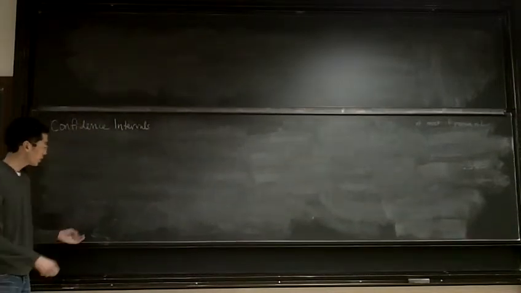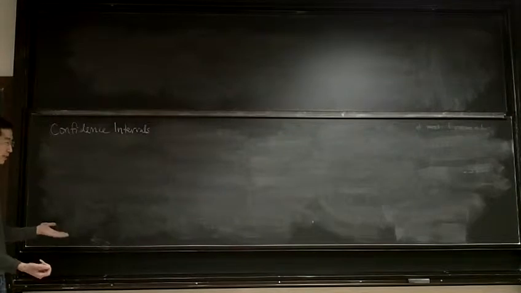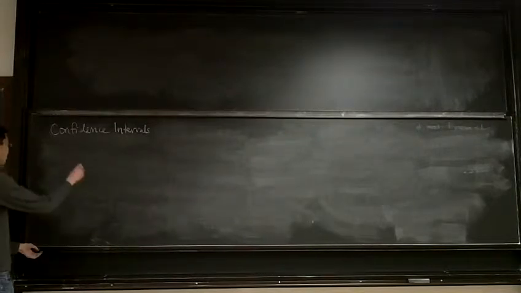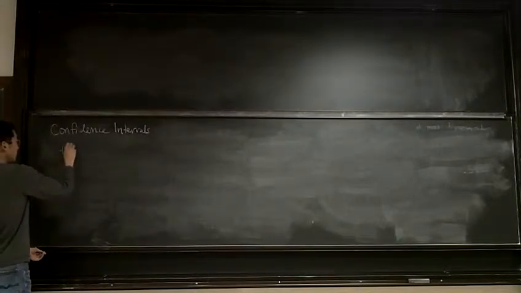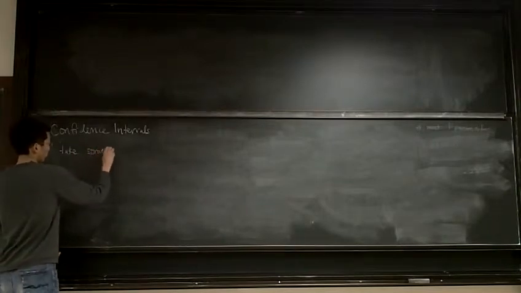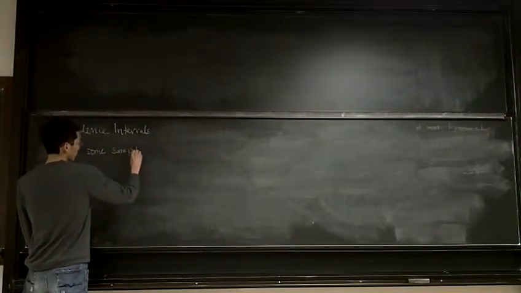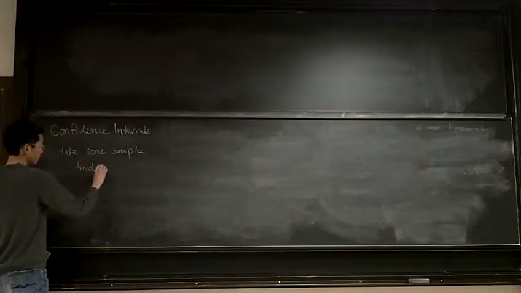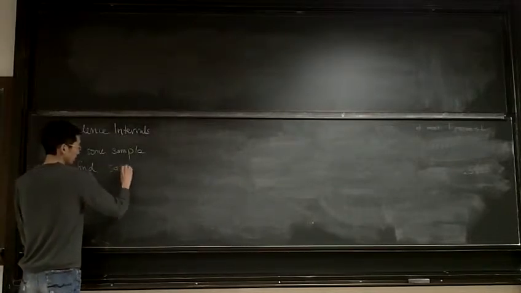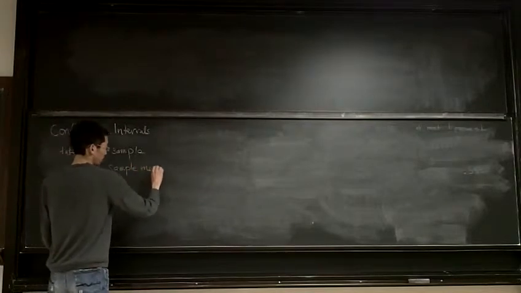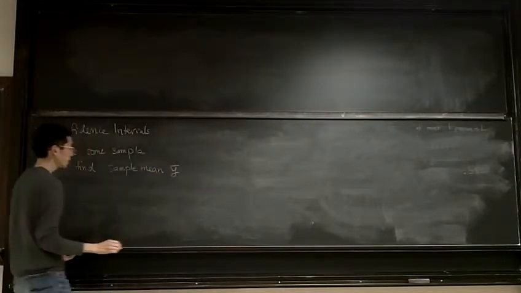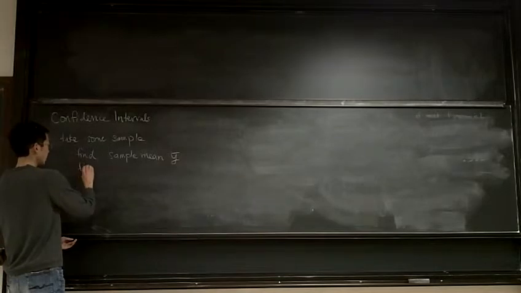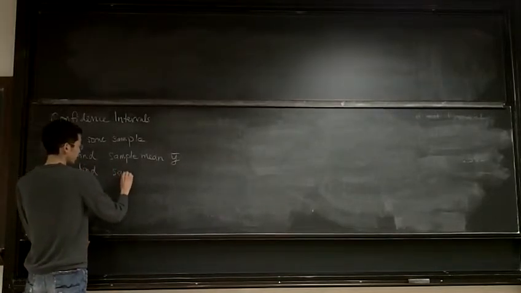All right, so we just learned how to calculate a confidence interval. We take a sample, and from that sample we find the sample mean, y bar, and we find the sample standard deviation, s.